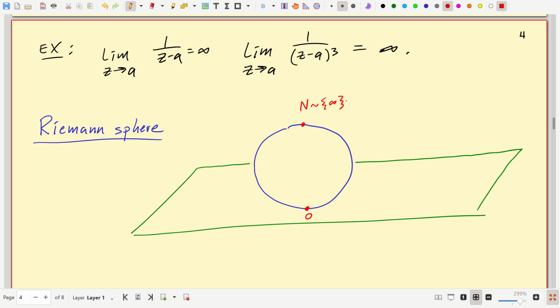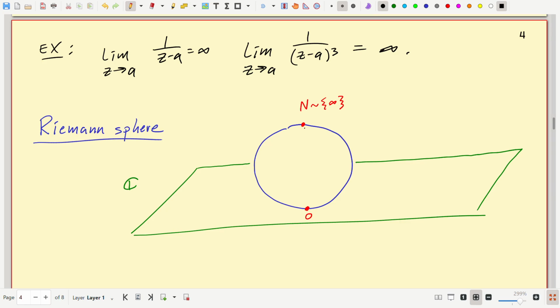Okay. And I'm going to identify this sphere. It's a ball sitting on the complex plane. So this green thing is the complex plane. I'm going to do stereographic projection.